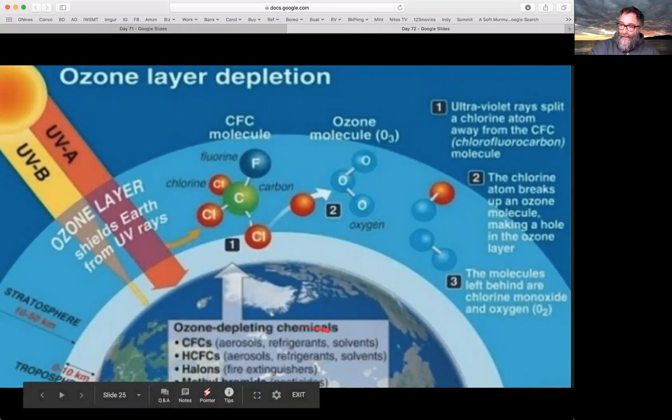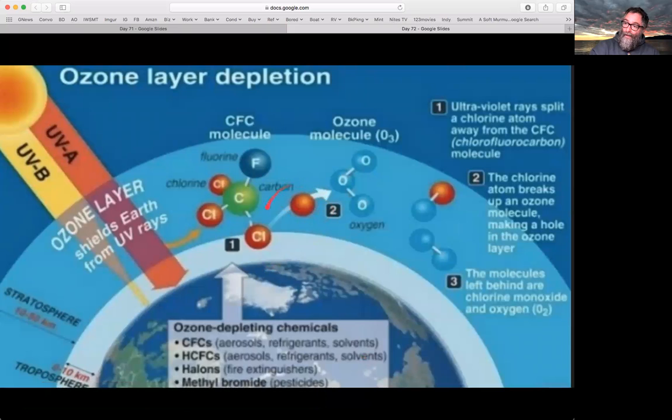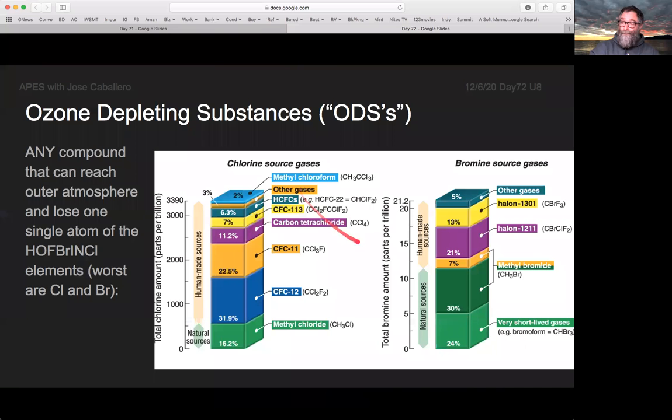So ozone depleting chemicals are anything which can split off one chlorine or one bromine. Technically one fluorine would work, one iodine would work, but those are just not really common in the outer atmosphere.